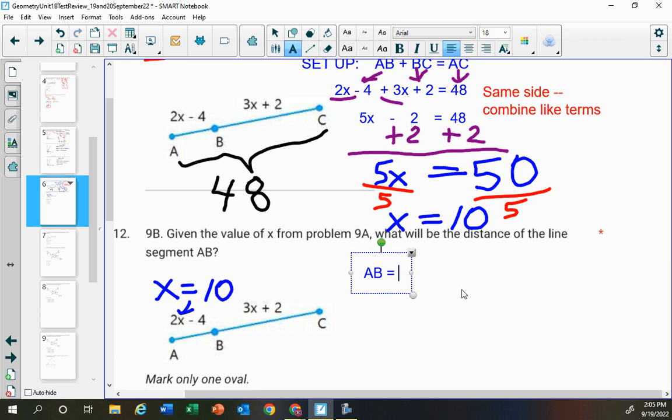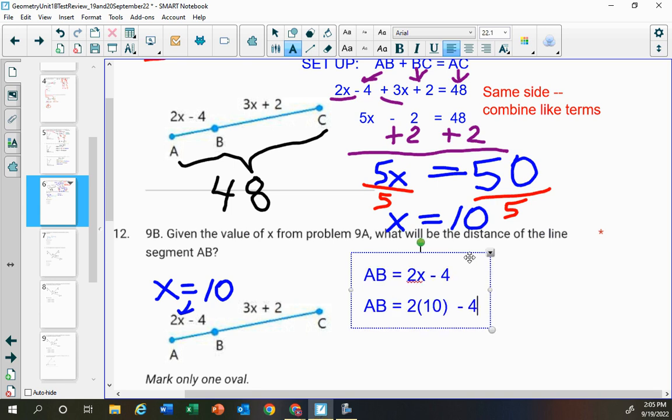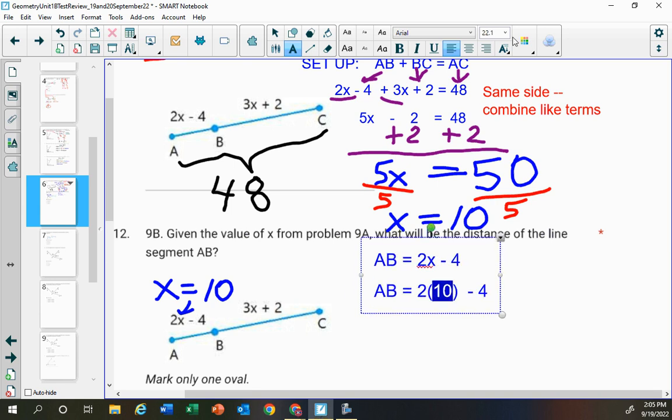AB equals 2x minus 4. Some of you don't have to write this. Some of you should, because we're still struggling on setups here. And then 20 minus 4, which is 16. All right, so AB is 16.